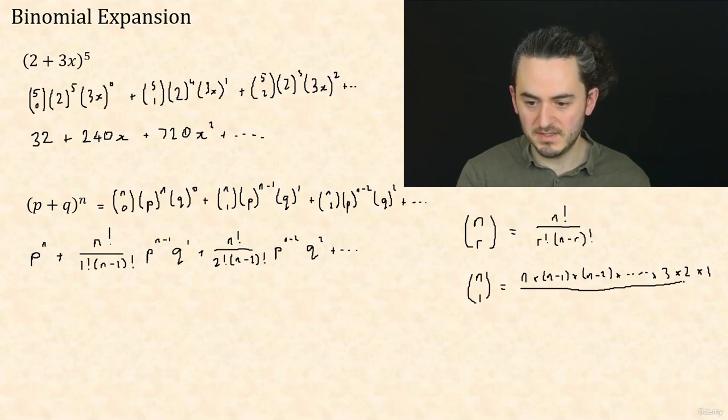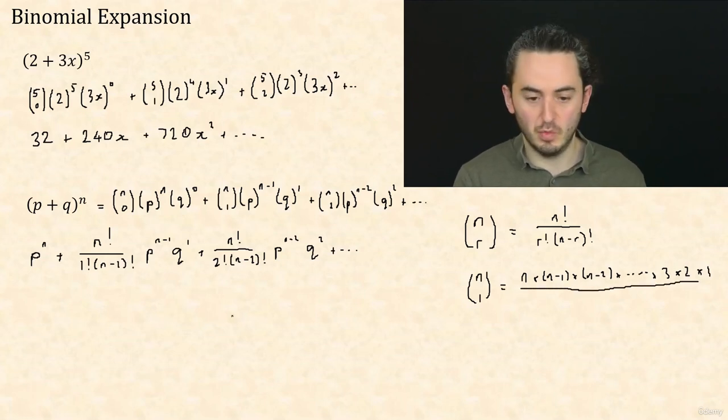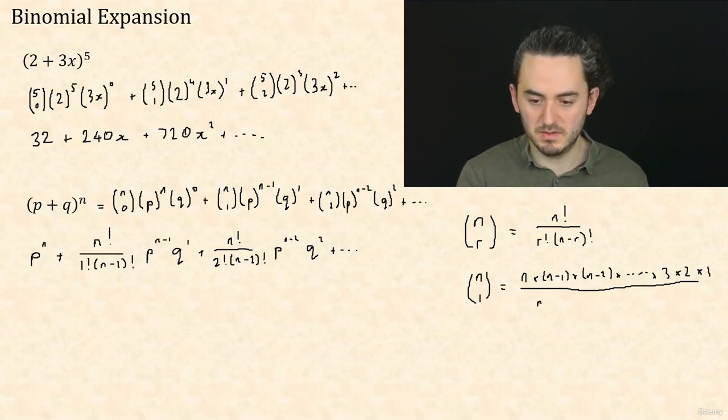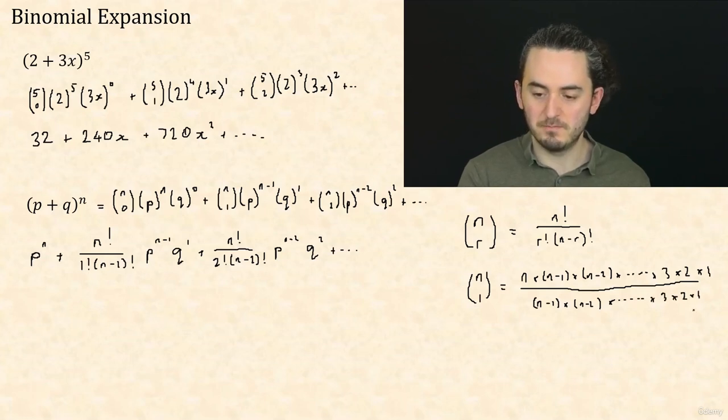And on the denominator, well, 1 factorial is just 1, so I won't bother with that. And n minus 1 factorial is all the numbers multiplied up to n minus 1. So that's n minus 1 times n minus 2, and then times everything down to 3 times 2 times 1.